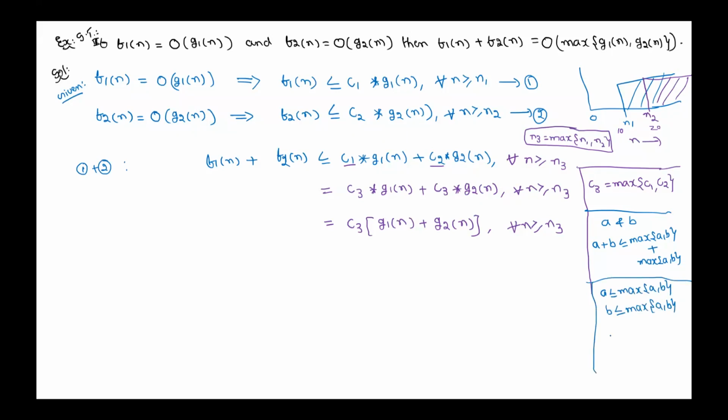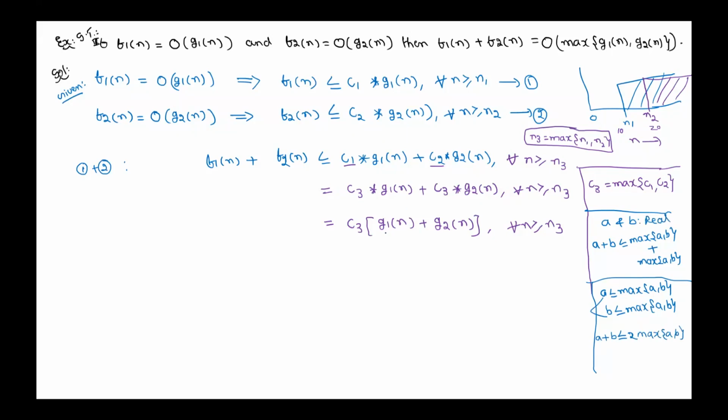Now you combine these two, add these two. a plus b will be less than or equal to maximum of a comma b plus maximum of a comma b, that is 2 times maximum of a comma b. Is that correct? Is there any doubt?